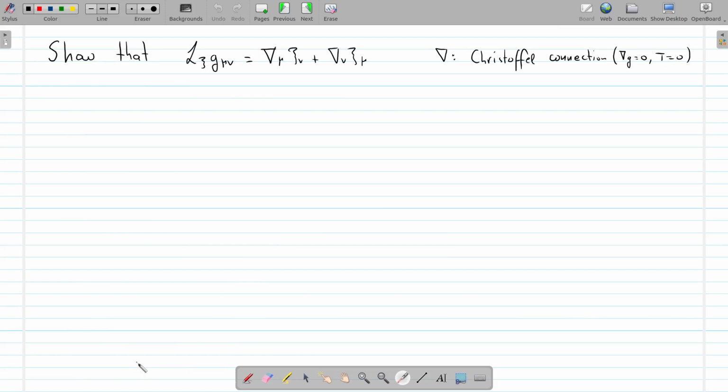Since we have written the condition that the metric should satisfy if xi is generating an isometry, it is very useful to prove this identity here. So let's assume that D is a Christoffel connection compatible with the metric and torsion free. And we write the first term, use the compatibility of the metric to raise the index inside the derivative, and then write down the covariant derivative of a vector field.